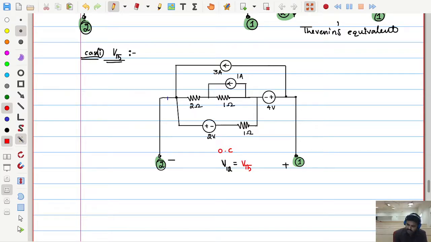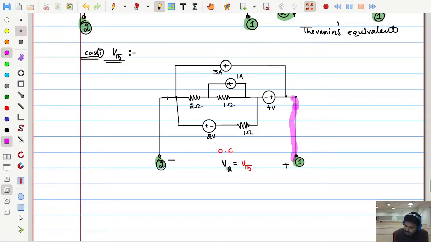Now how can I find this VTH? The voltage between terminal 1 and 2 is a simple thing. You start at 1 and through some elements you reach terminal 2. You can reach terminal 2 in many ways; it's your wish how you reach.